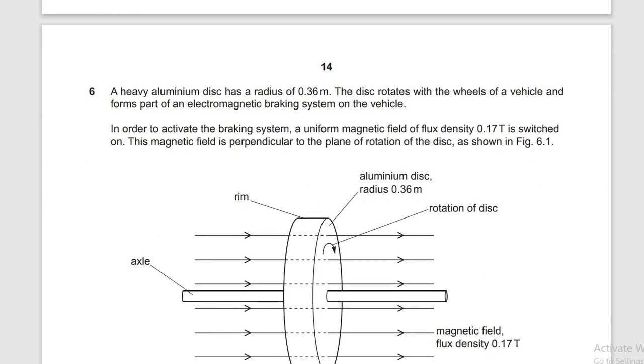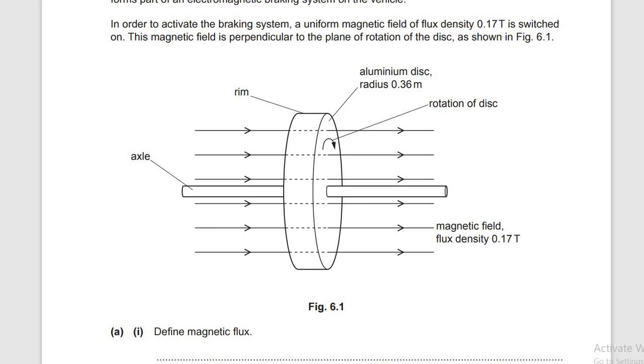Number 6. A heavy aluminium disc has a radius of 0.36. The disc rotates with the wheel of a vehicle and forms part of an electromagnetic braking system on the vehicle.